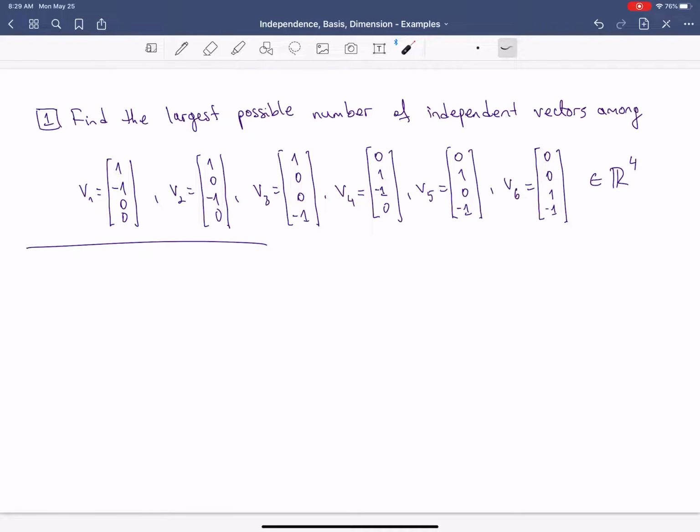Or in other words, is V4 a linear combination of V1 and V2? And how can we see this? Well, if I'm trying to combine these vectors, maybe it's time to write. So let me look at the vectors V1, V2, and V4, and I will try to combine them so as to get 0.